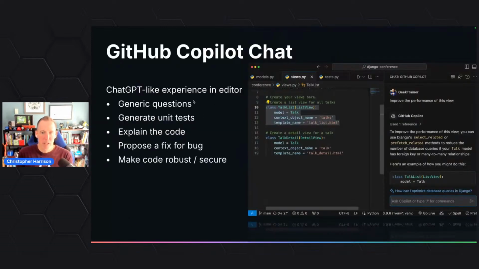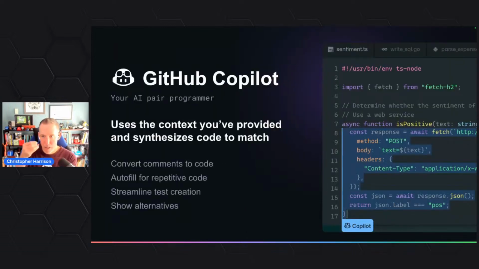When it comes to chat, things are a little bit different. One big thing to keep in mind is that while both chat and code completion are using the same engine and the same technology behind the scenes, the UX, the interface that you have, is different. With code completion, the primary focus is on, hey, we just want to give you code.